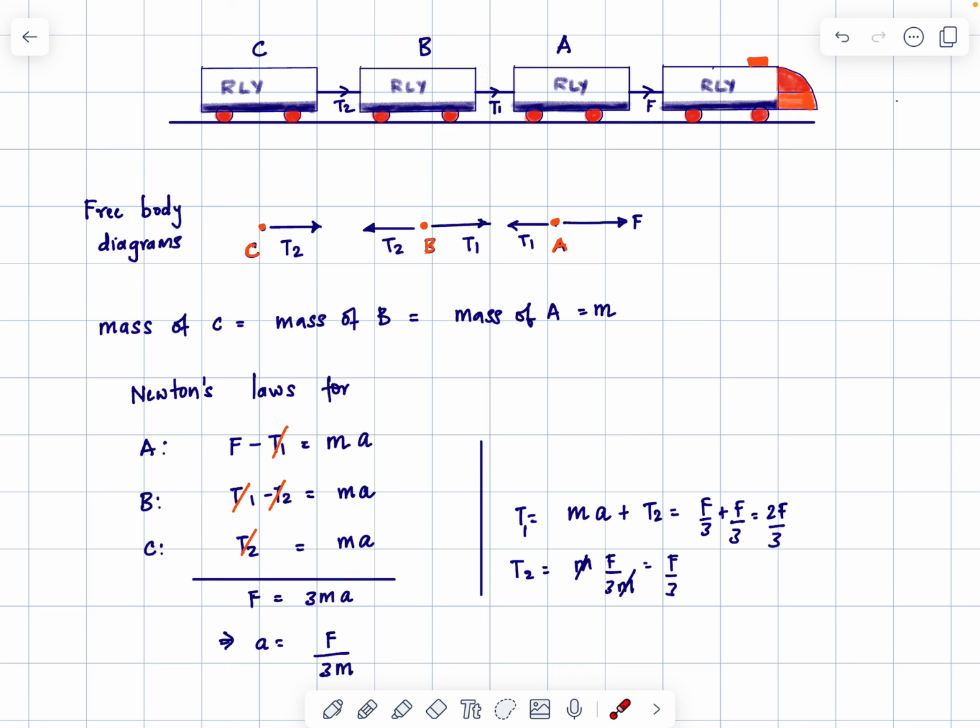Therefore, car B is being dragged backwards, restrained by a force equal to T2, and it's pulled forward by a force equal to T1. In the same way, for car A, it's being held back by a force equal to T1, and it's being pulled forward by a force equal to F.